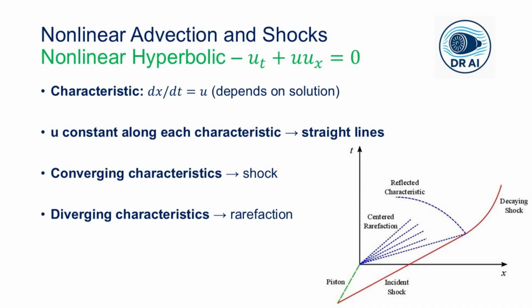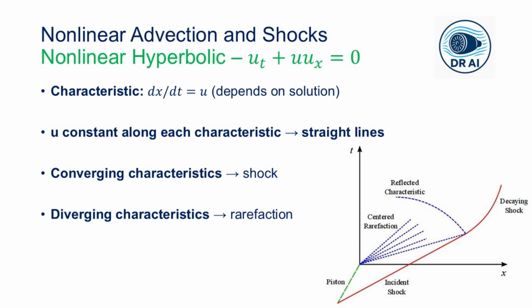Now, going from linear to nonlinear actually introduces new phenomena. In a nonlinear hyperbolic system, the characteristic speed depends on the solution. For the nonlinear advection equation, the characteristic equation is dx/dt equals u, and u is constant along each characteristic.